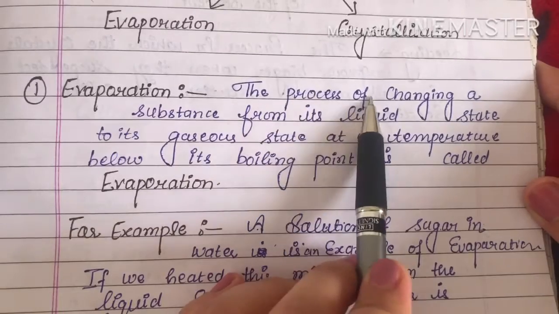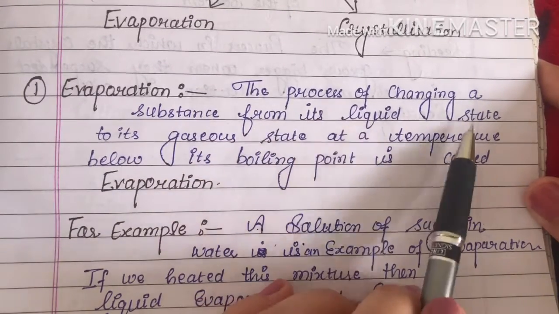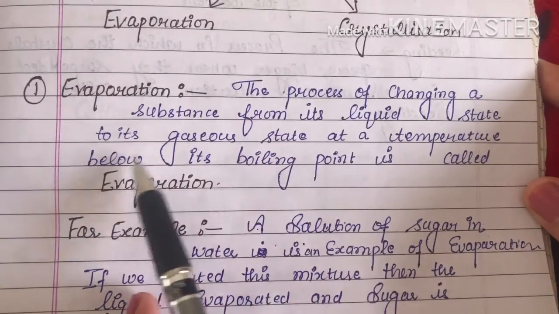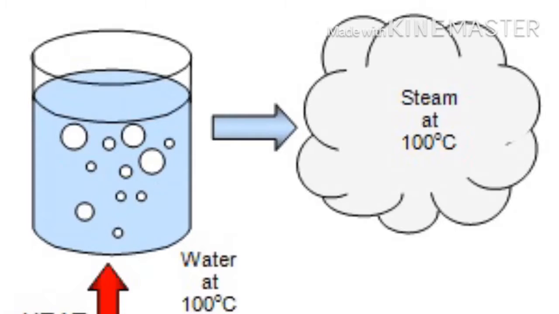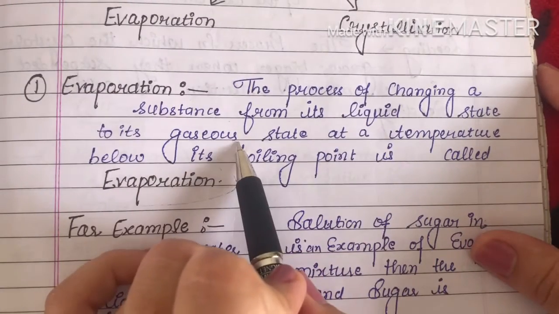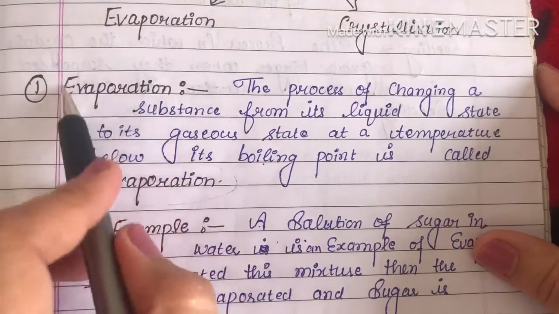The process of changing a substance from its liquid state to its gaseous state at a temperature below its boiling point is called evaporation. When we change a liquid into the gaseous form with the help of heating, that is called evaporation.